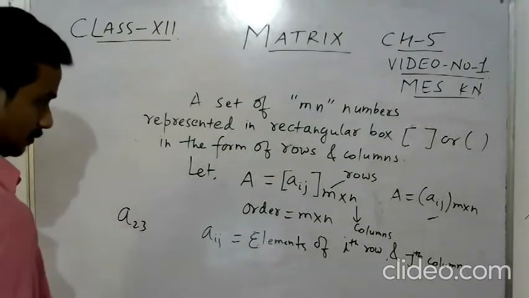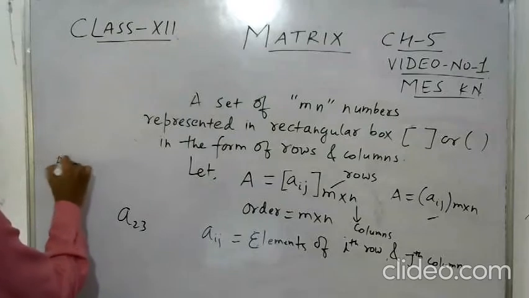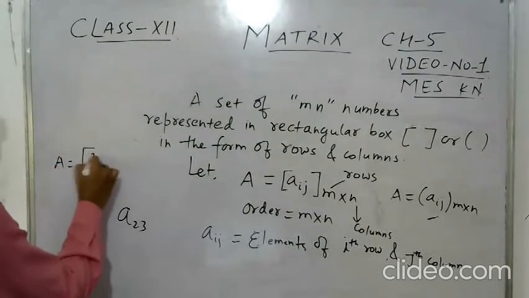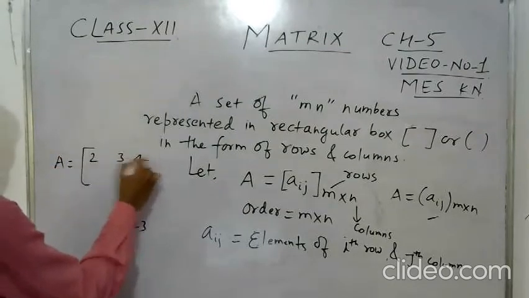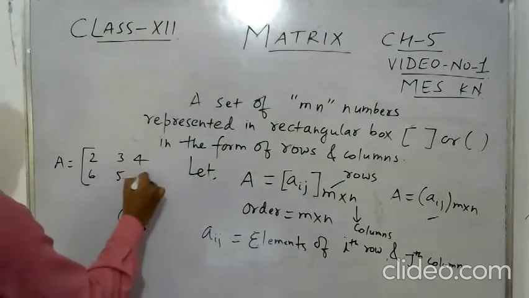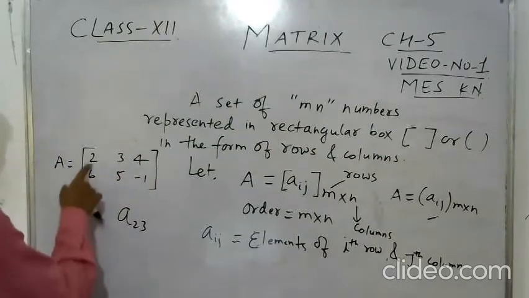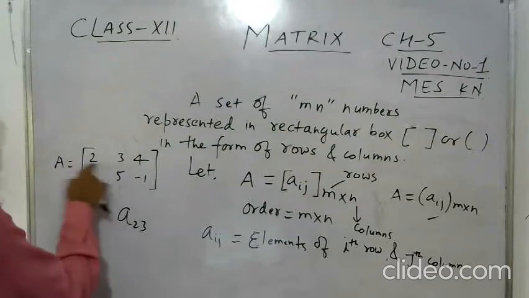Now you can take an example. For example, A equals [2 3 4; 6 5 -1].